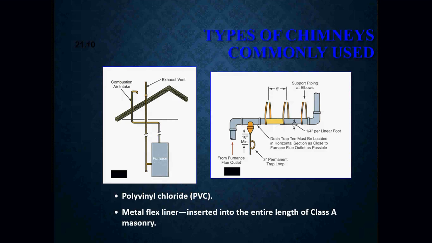That combustion air intake is sucking fresh air into the furnace so that you can have complete combustion. Your flue pipes need to be pitched a minimum of 1/4 inch per foot back towards the furnace so that you can get rid of any water vapor that is sitting inside the flue pipe.